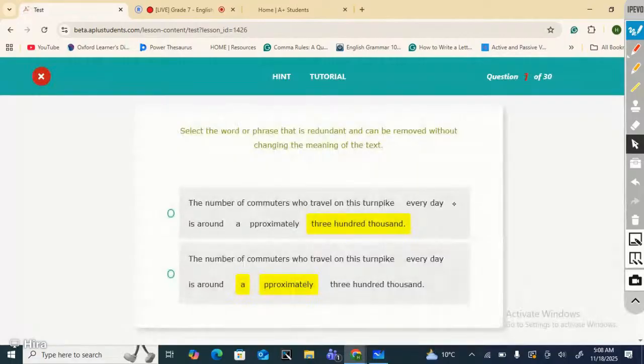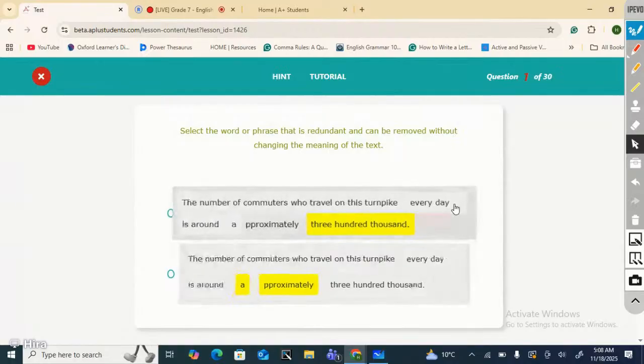Now select the word or phrase that is redundant and can be removed without changing the meaning of the text. There are two options. The number of commuters who travel on this turnpike every day is around approximately 300,000.